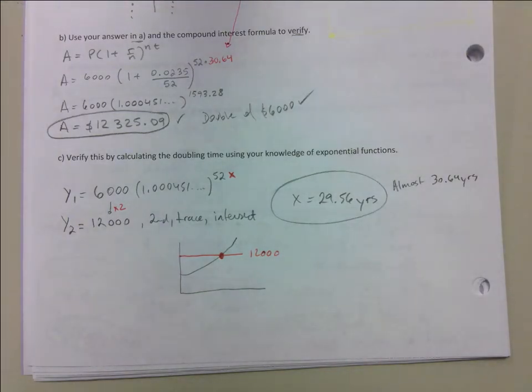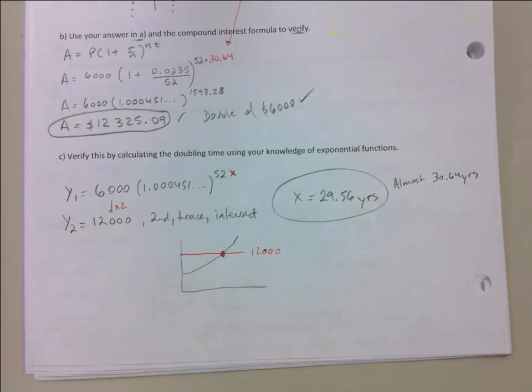I'm going to ask you to try. To be honest, this was a bit of an exploration. This was just trying to get you to see how everything is connected. How is everything that we're doing connected? Because I told you compound interest is exponential, right?